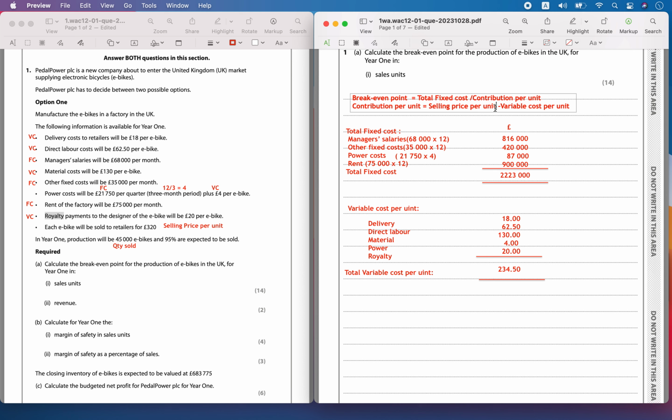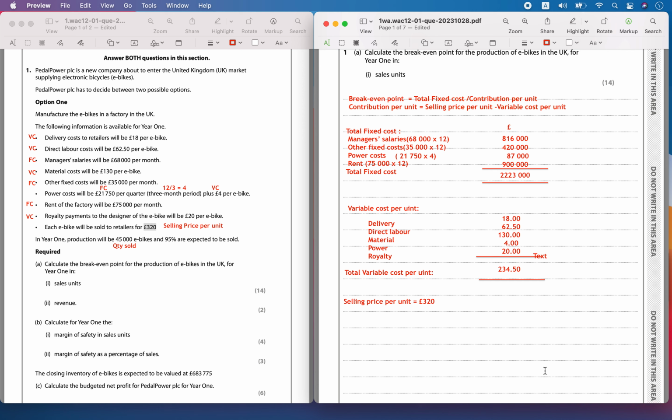And we have the selling price per unit. Selling price per unit is equal to 320 pounds, which is given. Now let's calculate the break even point.